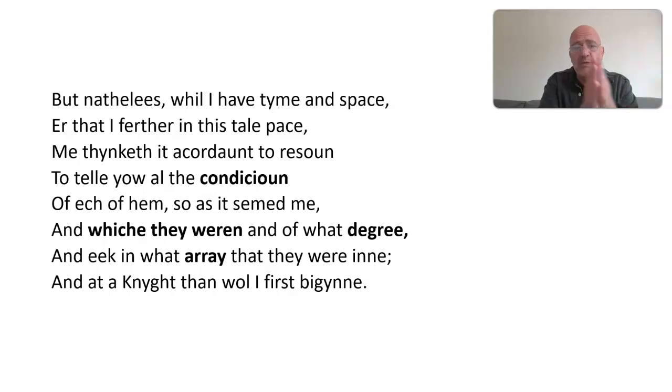Condition, which they were, what degree, what clothes, what character, and in the end also what is their characteristic flaw, if you like, because there is only one positive character there. That's the clerk, the student, the only one. The rest of them, they all have some characteristic flaw, I think. Let's have it Shakespearean here.